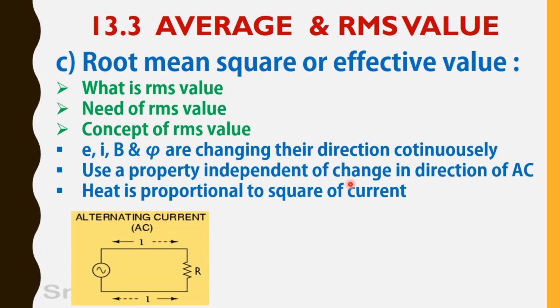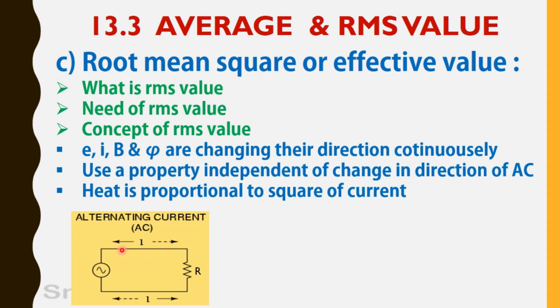I consider this circuit. In this, I am using a simple resistor which is connected to an alternating EMF source. Now when I am connecting it to the alternating EMF source, alternating current is flowing through the circuit and the direction is shown. Sometimes it is in the backward direction and sometimes in the forward direction.